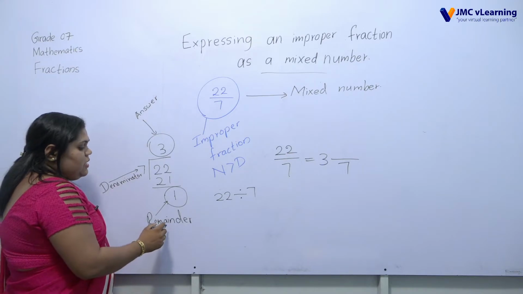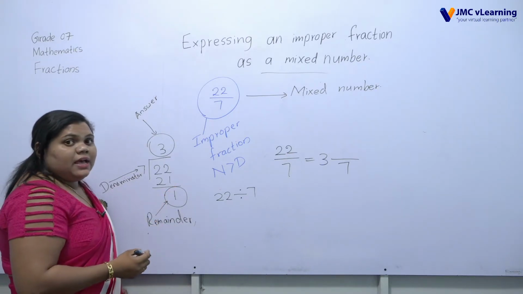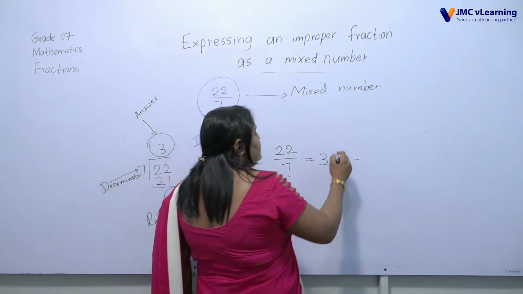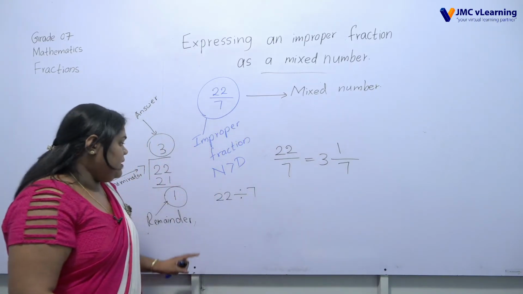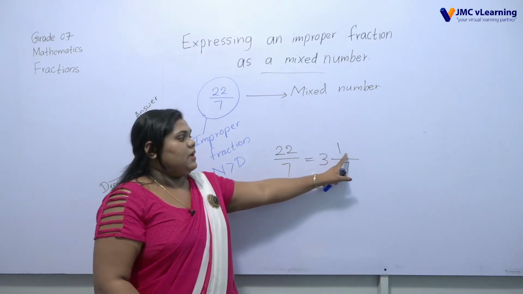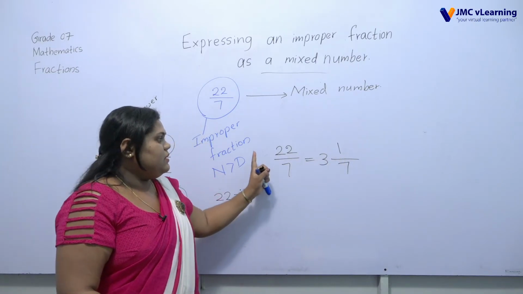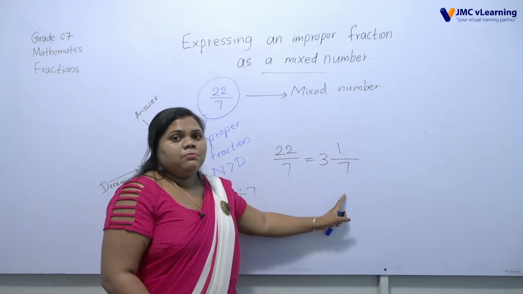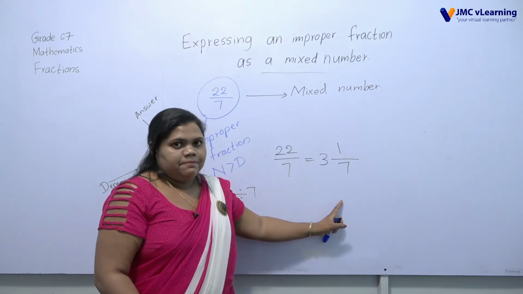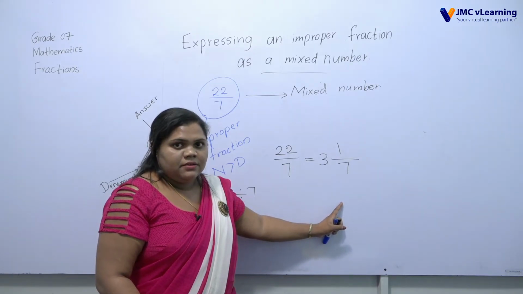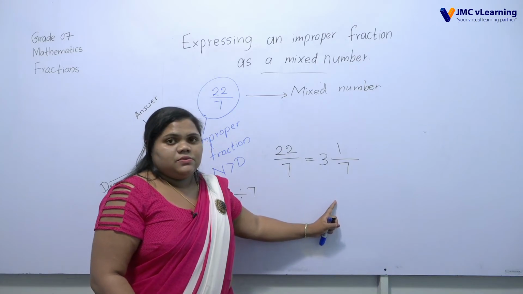We cannot change this. The remainder, the balance, we have to use as the numerator. Like that we can convert an improper fraction into a mixed number. Are you clear, children?